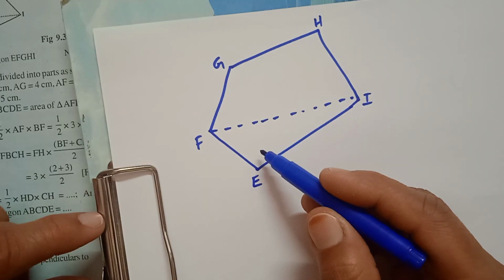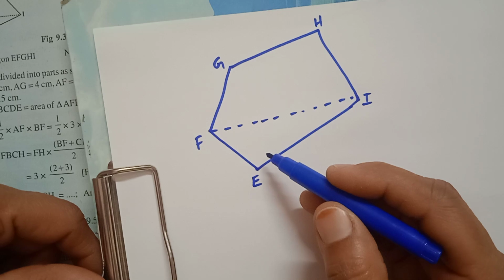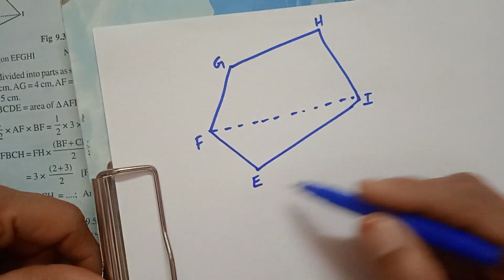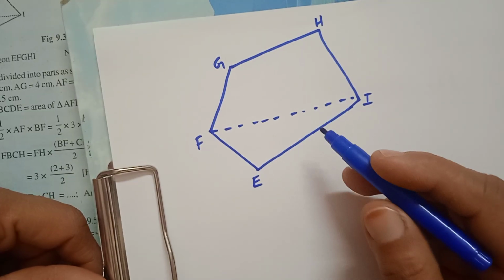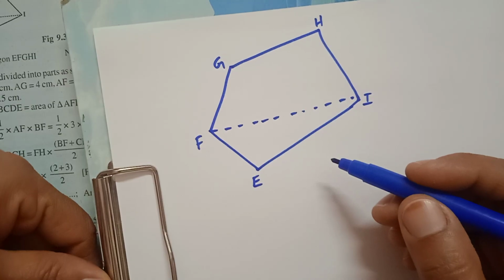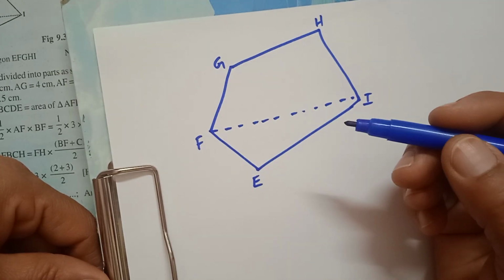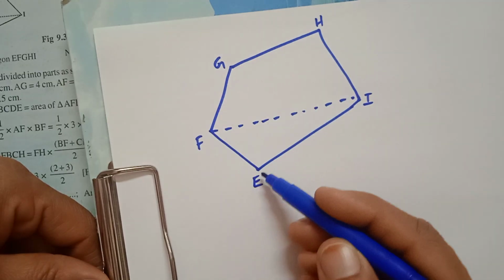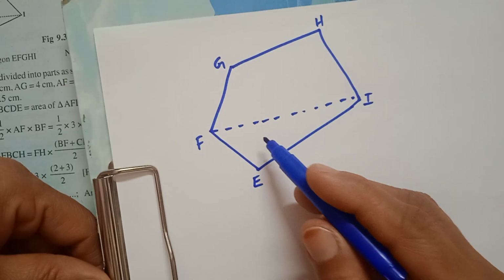We can easily find the area of this triangle, because you know the area of the triangle formula, half into base into height. In this problem they have not given you the exact measurements, they have just told you how you are going to solve this problem. So you can solve this by first finding the area of this triangle FEI, that is half into base into height.